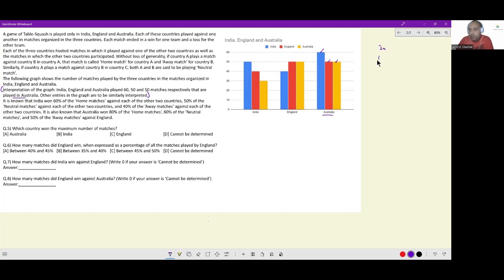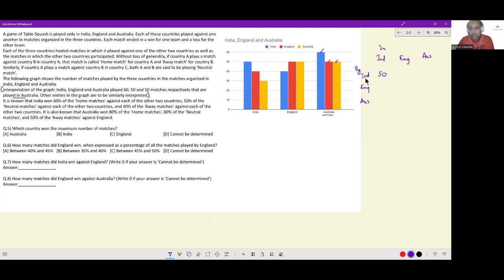So I'm saying, in India, England, and Australia, played by India, England, and Australia, we can write down: matches played by India in India are 50.